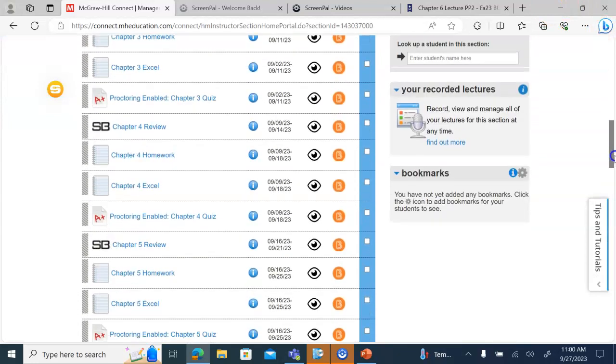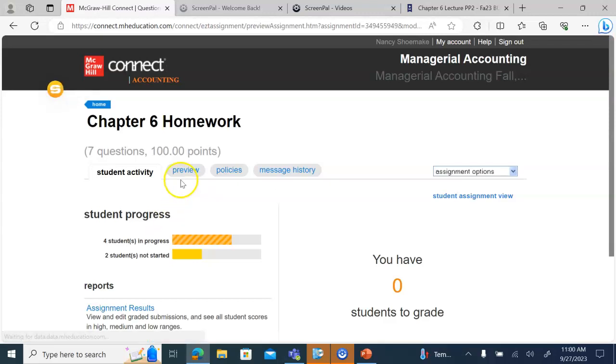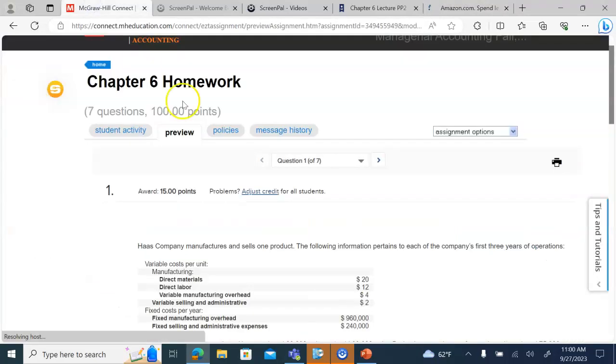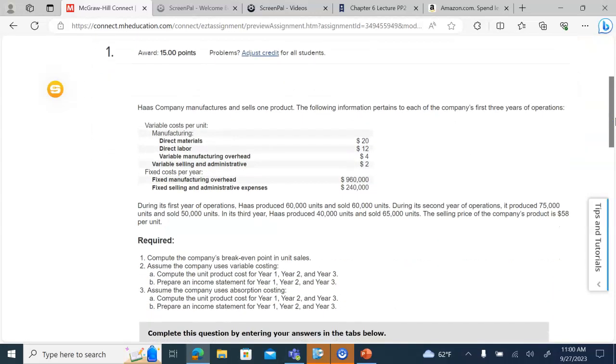Okay, let's look at a problem. Haas Company manufactures and sells one product. The following information pertains to each of the company's first 3 years of operation.